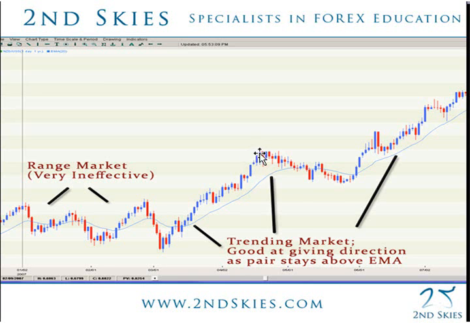When the pair starts to end the trend, then the moving average starts to flatten out, giving us clues ahead of time, and then once it breaks, it starts to dip even a little bit lower. Same thing happens again when it starts to trend again. The moving average starts to move at about a 45-degree angle, telling us that there is an acceleration of buyers, or the speed at which buyers are coming into the market.